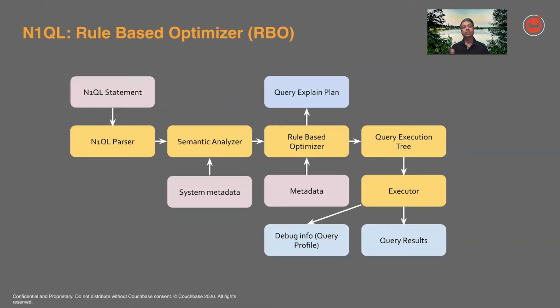Here is the life of a query when it goes through the Nickel query engine. Given a Nickel statement, it goes to parsing, semantic analysis, and the rule-based optimizer takes this analyzed tree and uses all the metadata within the system, what collections it has, what indexes are defined, and based on the rules comes up with a query execution tree, which is then executed.